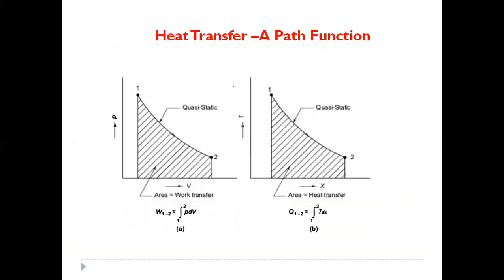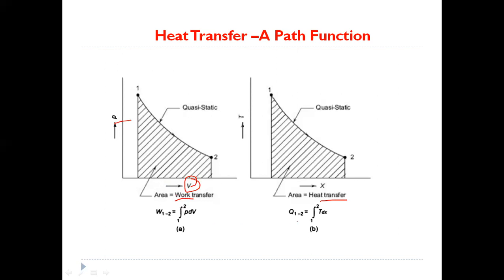So next is heat transfer as a path function. Here, if we consider a PV diagram and draw any process 1 to 2, a quasi-static process, as we have already studied, the area under the PV diagram is the work transfer. Similarly, the area under any quasi-static curve in a TS diagram gives the heat transfer. The formula for work done is W1-2 equals the integral of P dV, that is, the y-axis term P and the elemental x-axis term dV.